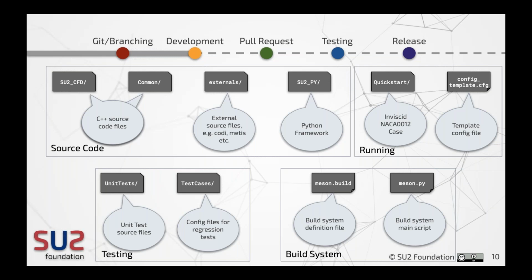You can see that I grouped them here by the source code, by files that are used for running the code, files and directories used for testing, and files that are related to the build system. These are by no means all the files and directories, but these are the most important ones.